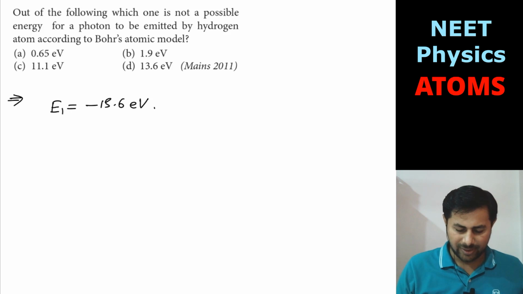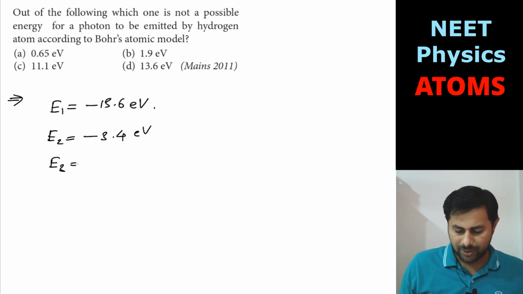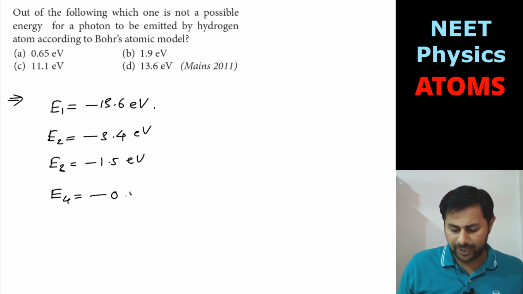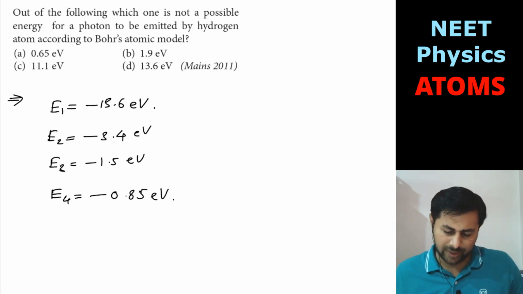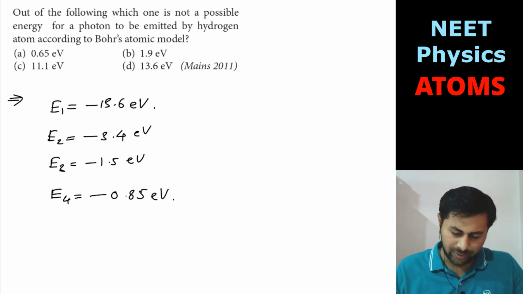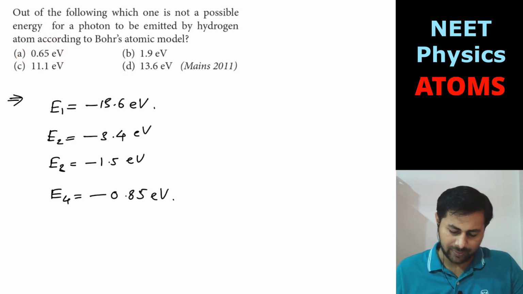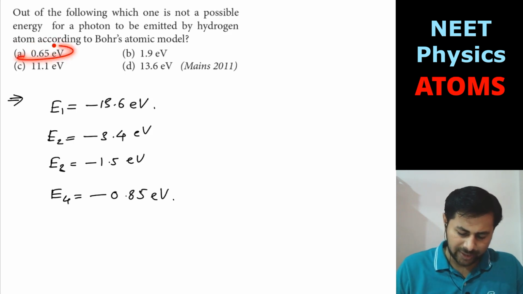Next, we need to check the others. So E2 is equal to minus 3.4 electron volts. E3 is equal to minus 1.5 electron volts. E4 is equal to minus 0.85 electron volts. So now take the difference. Is it near to these values? So 0.65. Do you get 0.65?